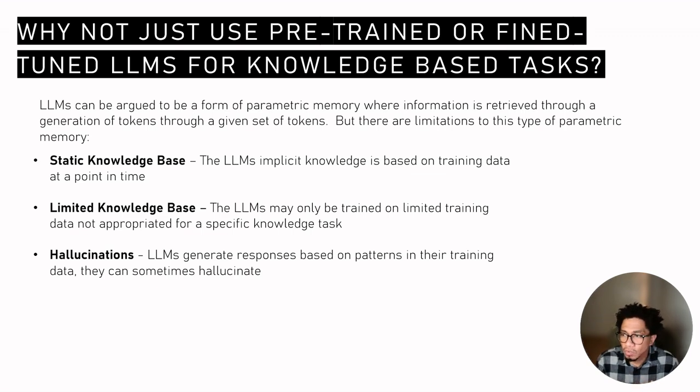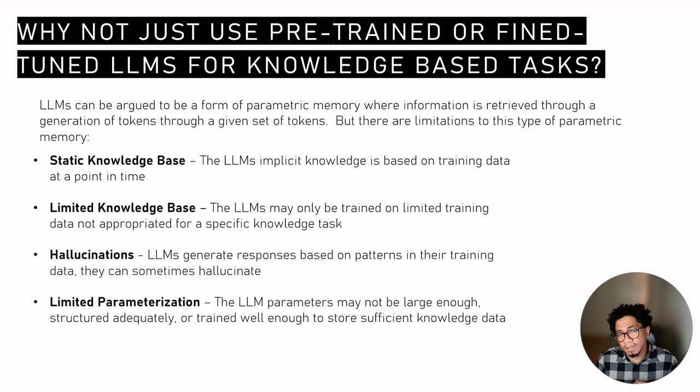And what this means is that you can't guarantee factual information being generated. It can generate anything as long as the patterns are somewhat similar. And this is what we call hallucination, where you can't really guarantee that the LLM will output factual information.